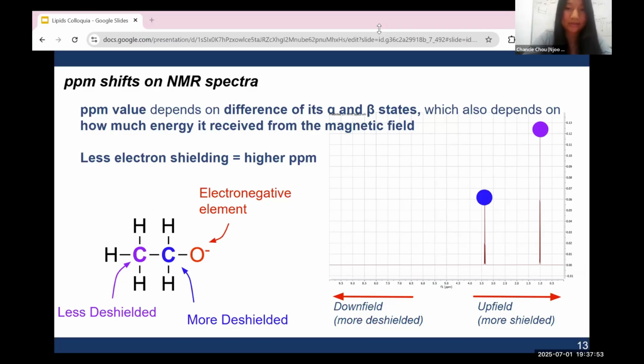As a result, it absorbs a higher energy in order to flip the spin states, giving it a higher ppm value. In this example, you can see the electronegative element, oxygen, is highlighted in red. Since that's able to pull the electron density away from its neighboring carbon, the carbon highlighted in blue would be further downfield as it is more deshielded. The purple carbon, which is further from the electronegative element, will appear further upfield as it is slightly more shielded.